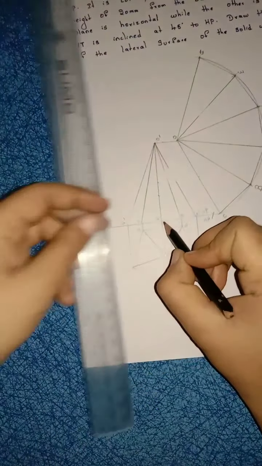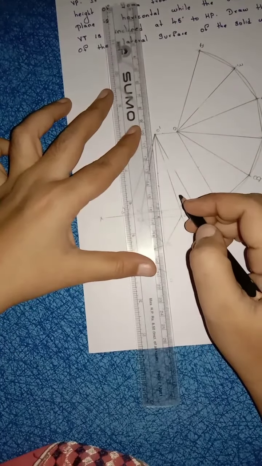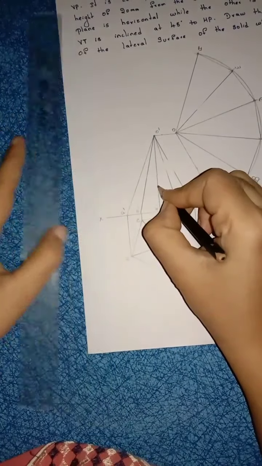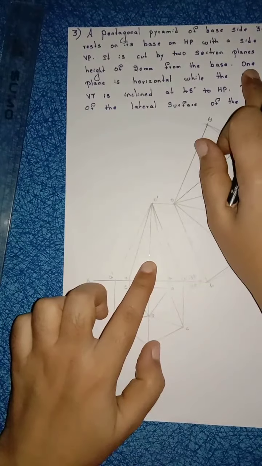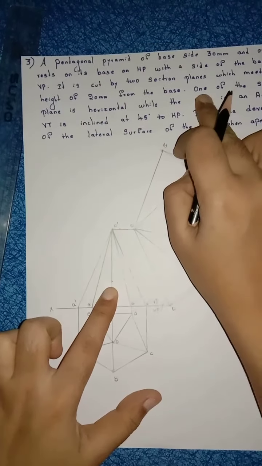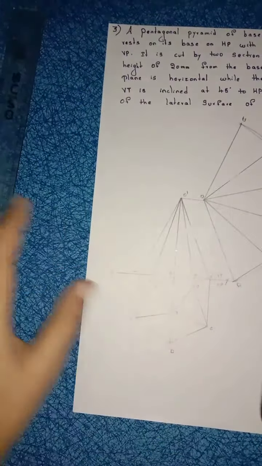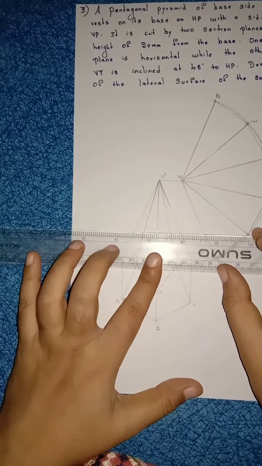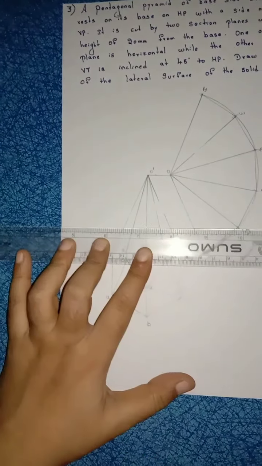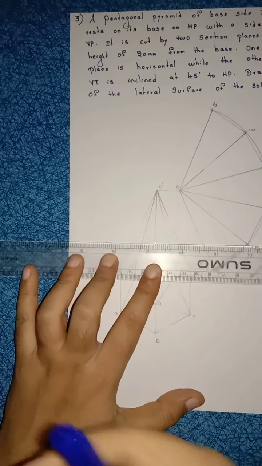So from the base I am taking 20 mm distance first. Let us read the next part of the question. One of the sectional planes is horizontal. So what I will do is, for one of the sectional planes, I will construct it in a horizontal manner till half.